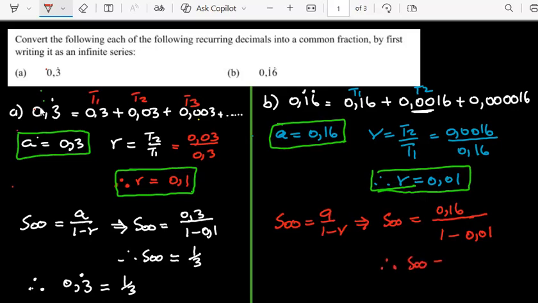You'll find that your sum to infinity is equal to 16 over 99. Therefore we can conclude and say 0.16 recurring, we can write it as a common fraction as 16 over 99. And this is how you answer these questions.